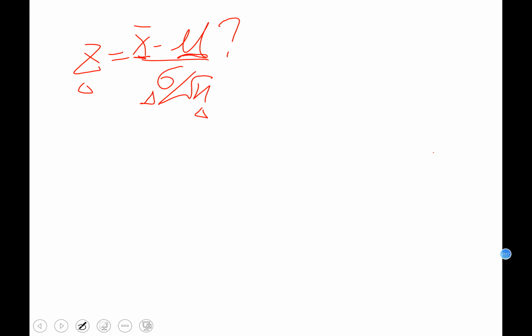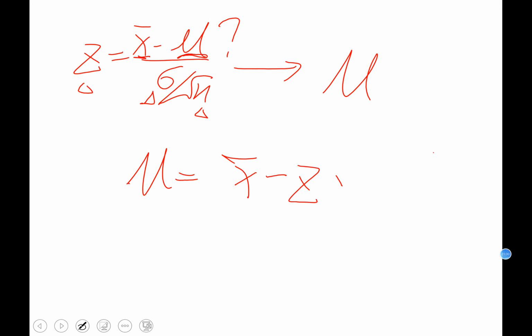So we need to transform this formula to mu. So we will find that mu equals X bar minus Z times sigma over square root n, right? But we will find that this is only one number, not a range.